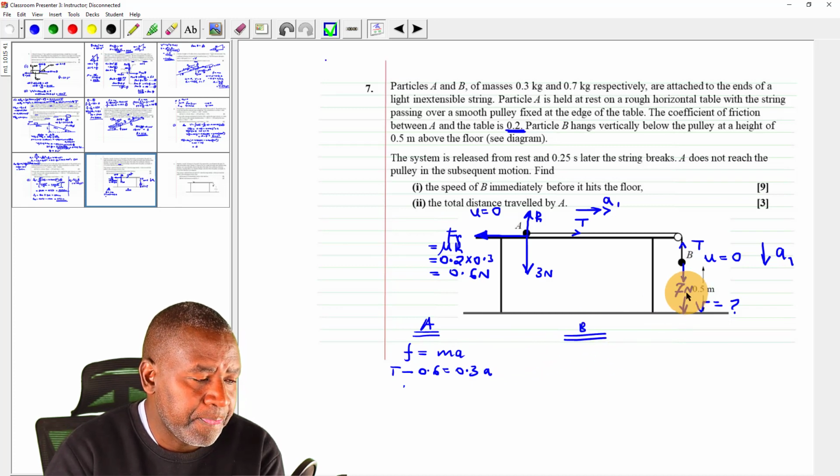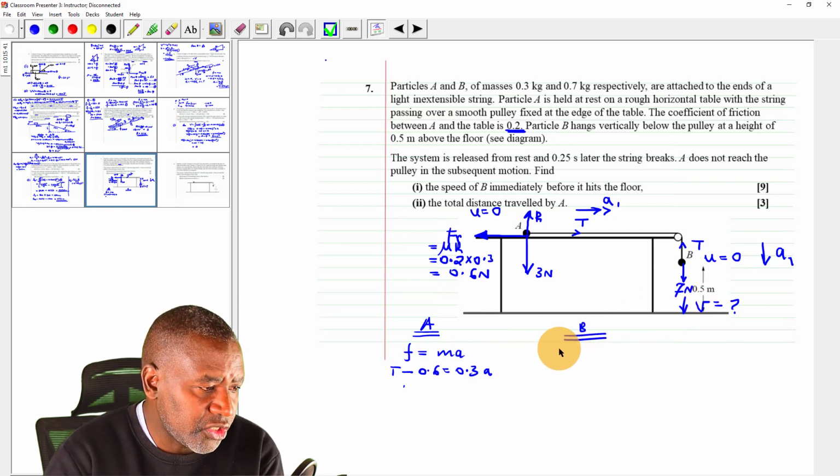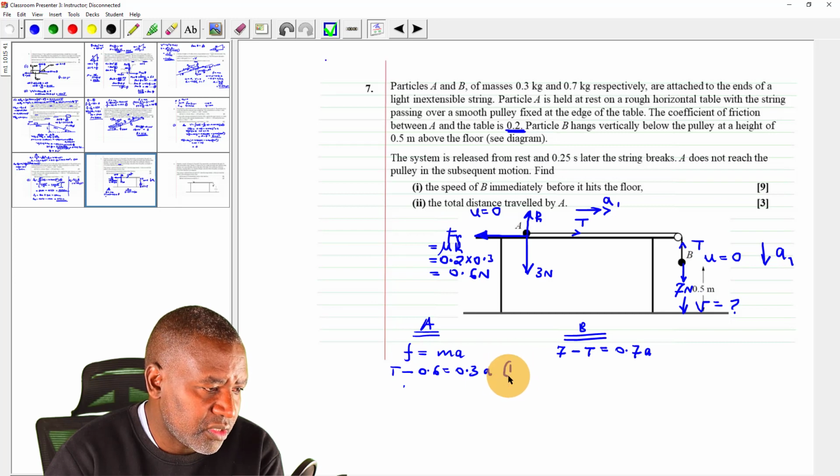particle B. Applying the same equation, I'm going to have 7 minus T equals 0.7 A. This is the second equation.